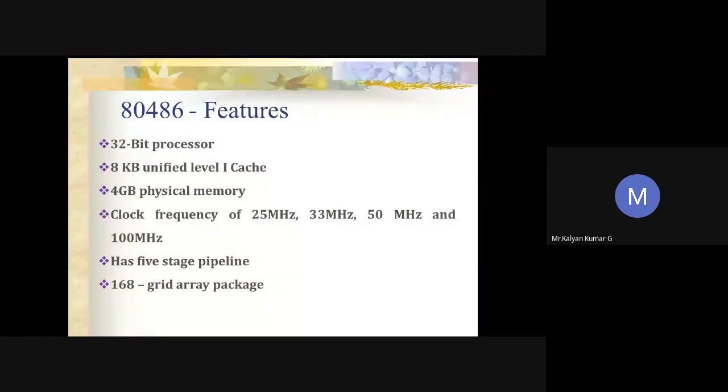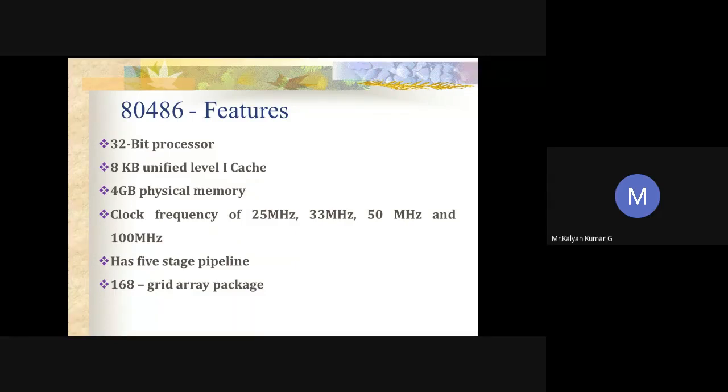In the advanced versions of the 80486 processor, the size of this level 1 cache memory was increased up to 16 KB. Initially it started with 8 KB, and in later versions it was increased to 16 KB. And moving on to the pin package of 168. Your 80386 has a 132-pin package.